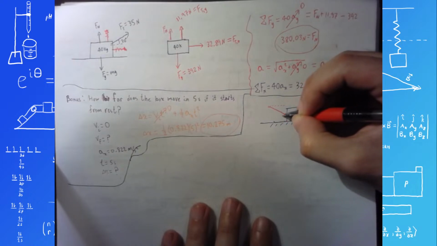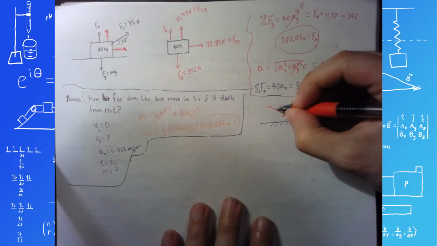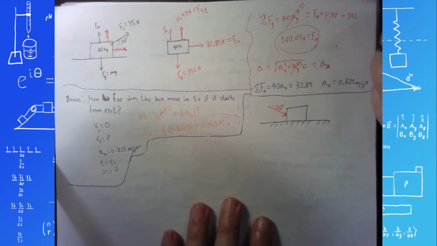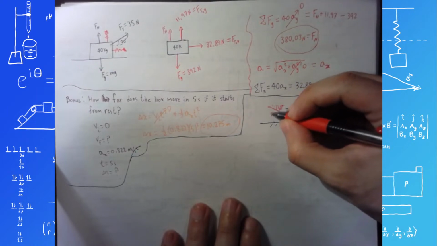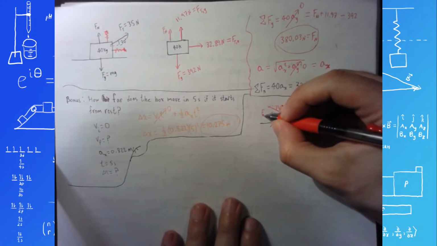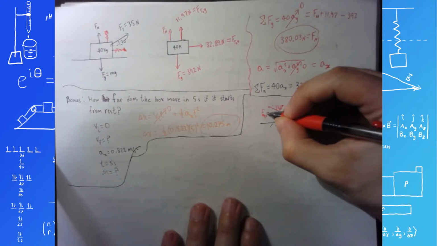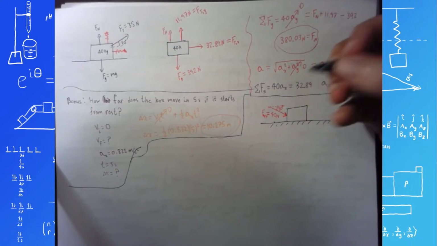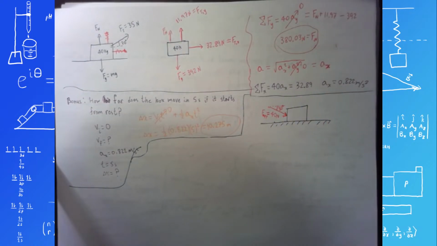I hope I drew that well enough. So this is supposed to be 30 degrees, and this is supposed to be a 40 newton, I guess we'll call it force applied. You can also call it a normal force because technically they would be just pushing it against their hand.